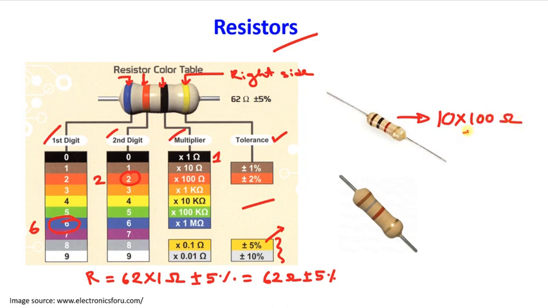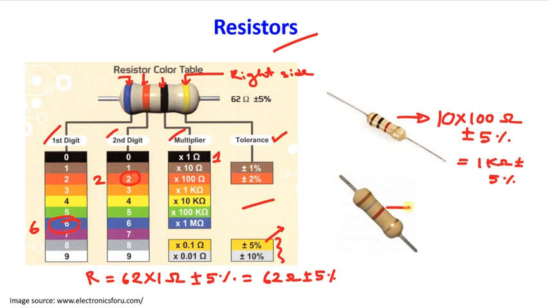So this is ohm, and the tolerance is the golden color, so tolerance is plus or minus 5%. So basically it is nothing but 1 kilo ohm plus or minus 5%, isn't it?